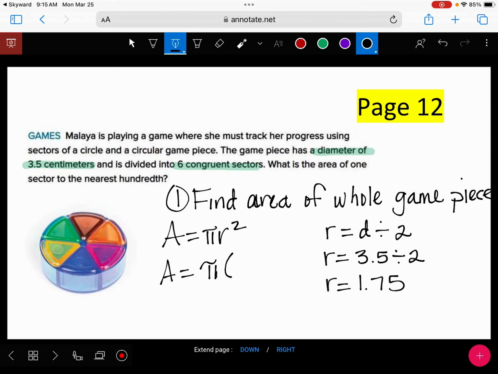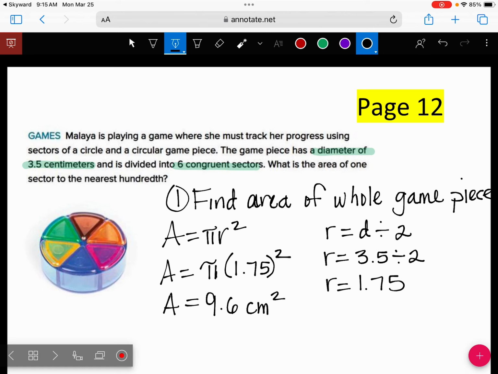Area equals pi times the radius squared. So type that in your calculator. Okay, so we got that the area of the whole game piece is 9.6.